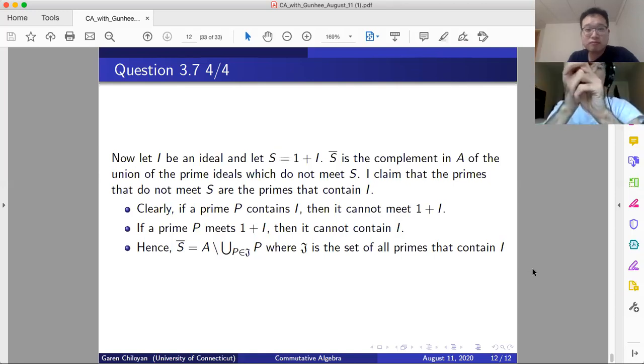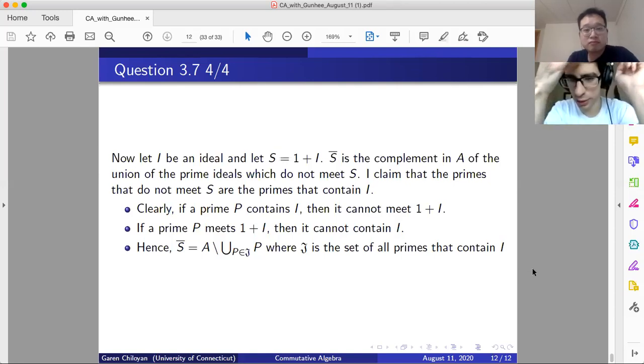So let's try to find the saturation of 1 plus an ideal I. Sorry. So let I be an ideal and let S be 1 plus I. I claim the saturation of S is the complement in A of the union of the prime ideals which do not meet S. That's the same as the primes that contain I. It's very easy to see.